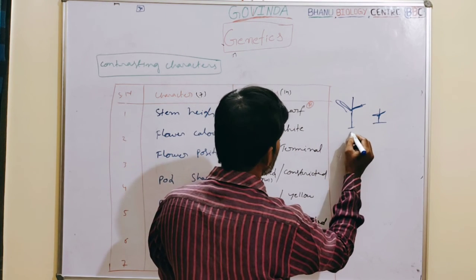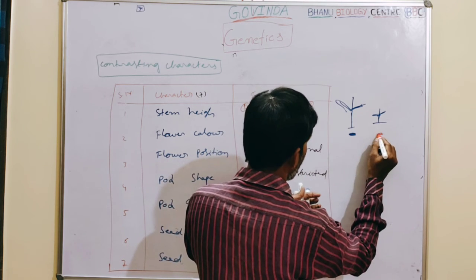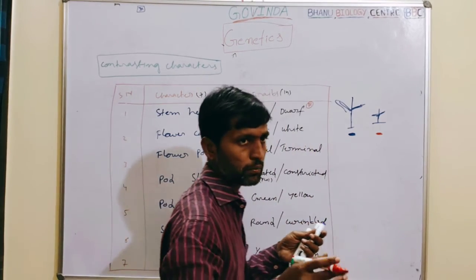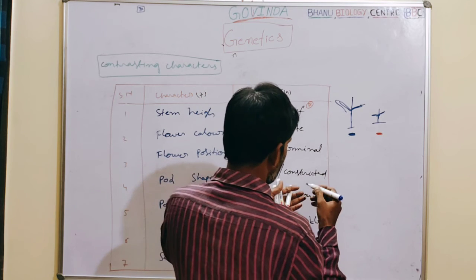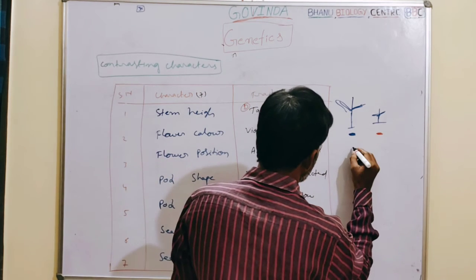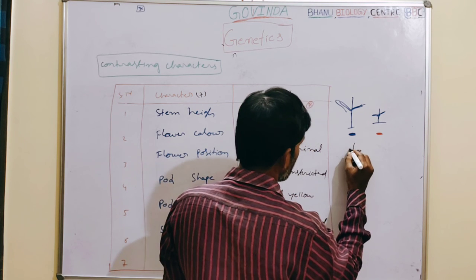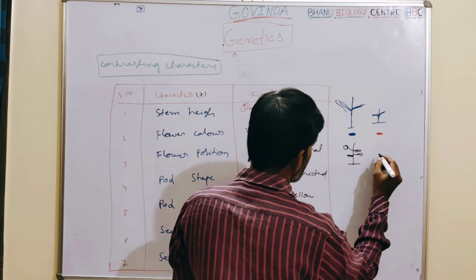Then color, for example, this is violet. This is the white color. For example, the colors I am using here are different. Then axial. Axial means this is the stem. These are the leaves. From here, the flowers are borne. This is axial.